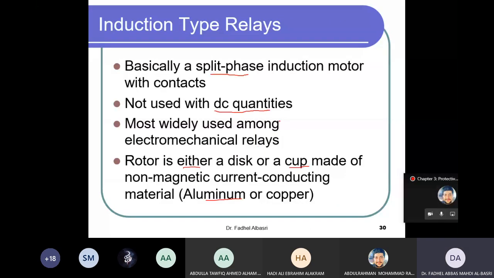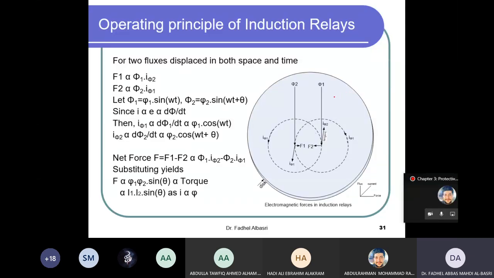The basic principle of this induction disk type is that we have two fluxes, phi 1 and phi 2, that penetrate this disk. We'll assume in general phi 1 is sinusoidal: phi 1 peak sine omega t, phi 2 peak sine omega t plus theta.